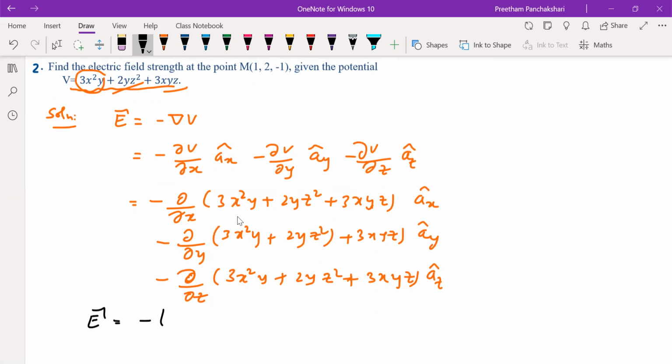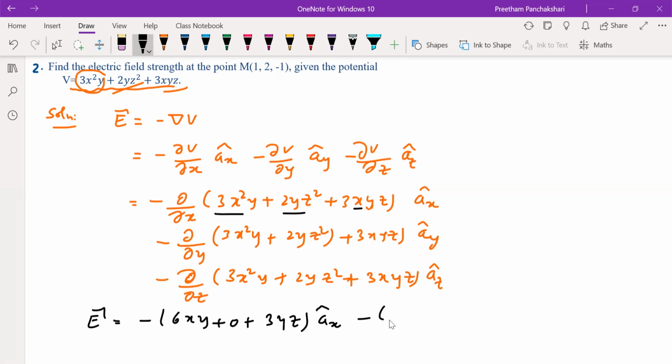For the first term, x square gives 2x, so it is 6xy. In the second term, no x, so it is going to be 0. In the last term, there is x; differentiation is 1, so we have 3yz, ax cap.